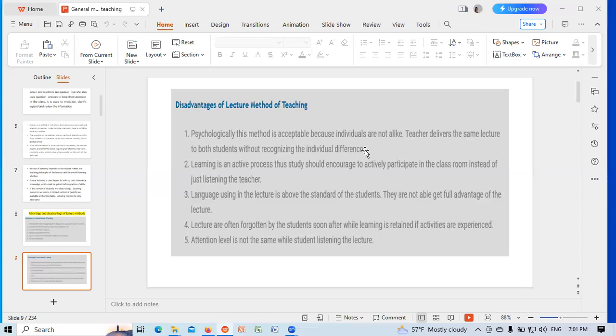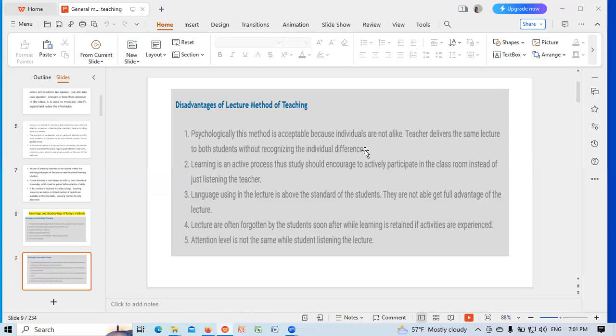Lectures are often forgotten by students soon after, whereas learning is retained if activities are experienced. With learning by the lecture method, students forget immediately or in a short time.